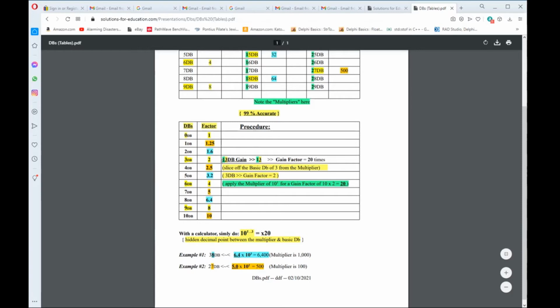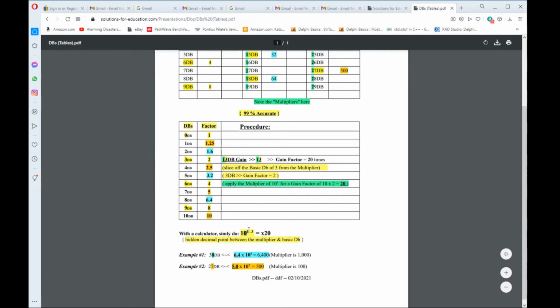This number here that I did, 13 dB, because decibel means factor of 10, if you do it on a calculator, here's what you got. See that 1 right there in front, with the power of 10? That is your multiplier. If you were to take 10 to the 0.3, it will give you something very, very close to 2.